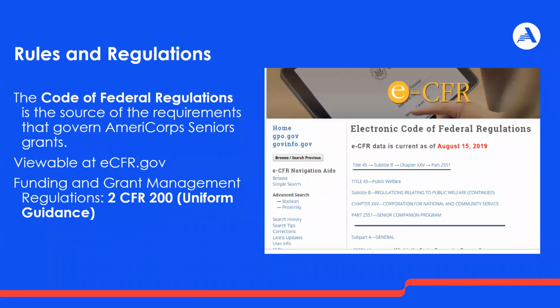Please go to the Code of Federal Regulations website, ecfr.gov, to review the rules and regulations. There are also plenty of links on our website that talk specifically about some of these rules and regulations.